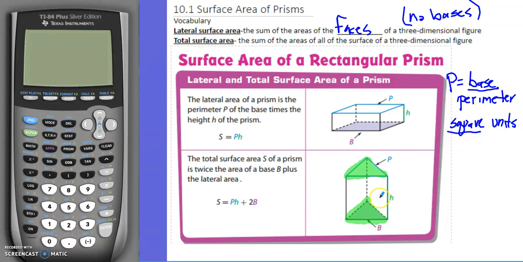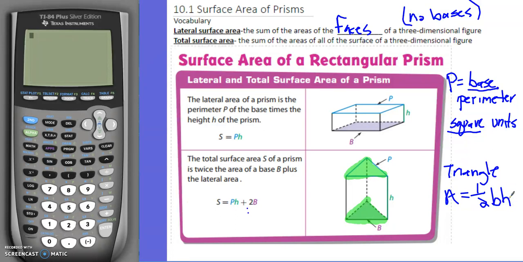And with prisms, you have two bases that are parallel to each other. So you have to find twice the area of the base, because there are two bases. And just a reminder, to find the area of a triangle, its area equals 1/2 base times height.